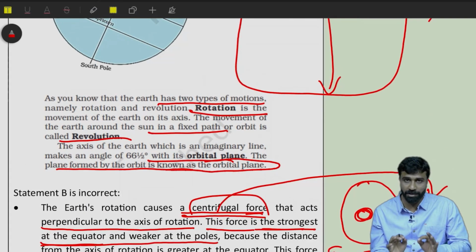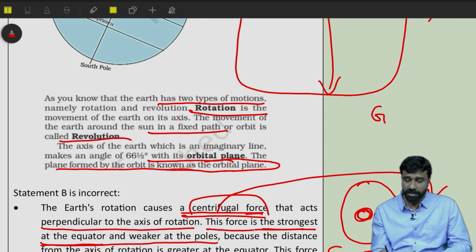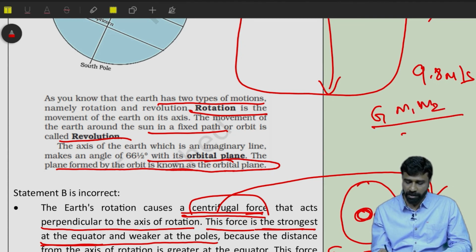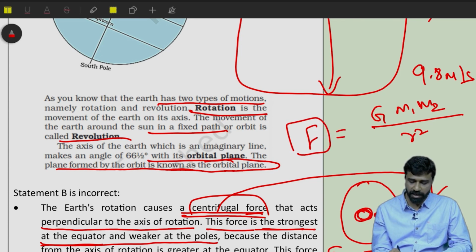These are physical phenomena, which means basic physics is involved. Here gravity is constant, 9.8 meters per second squared, and you have two objects with masses m1 and m2 and the radius. This is the gravitational force, and it depends on these elements.